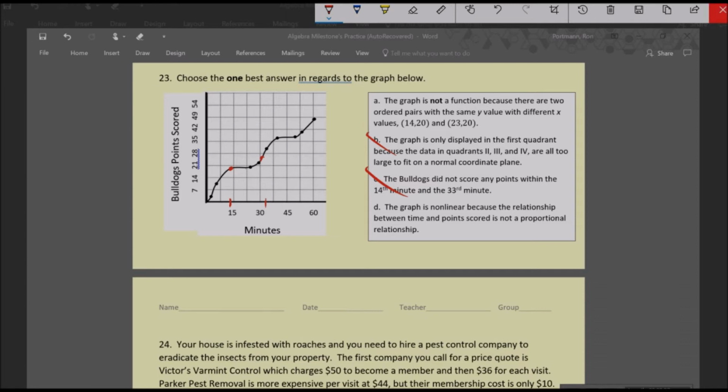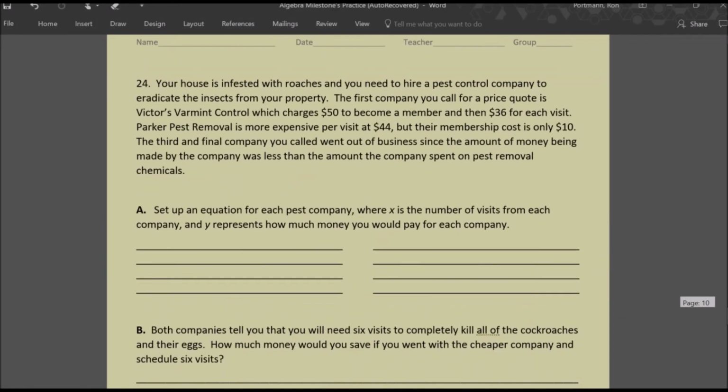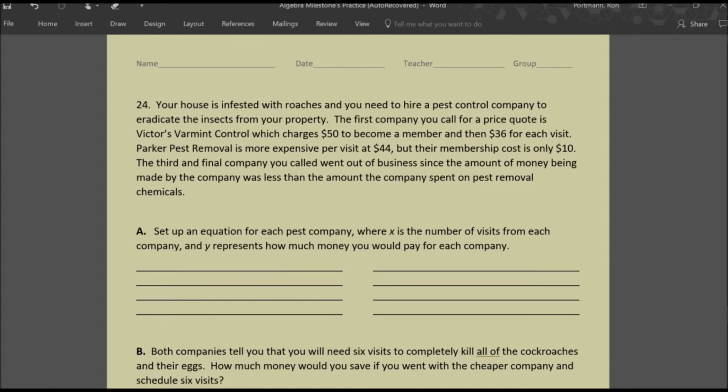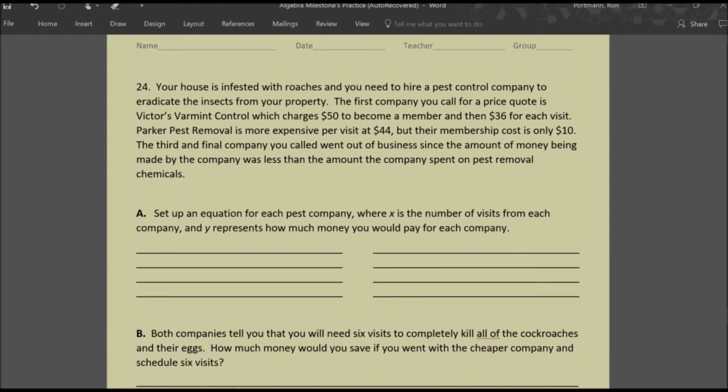All right. Number 24. I wouldn't be surprised to see this. This is an 8th grade concept. It says your house is infested with roaches and you need to hire a pest control company to eradicate the insects from your property.